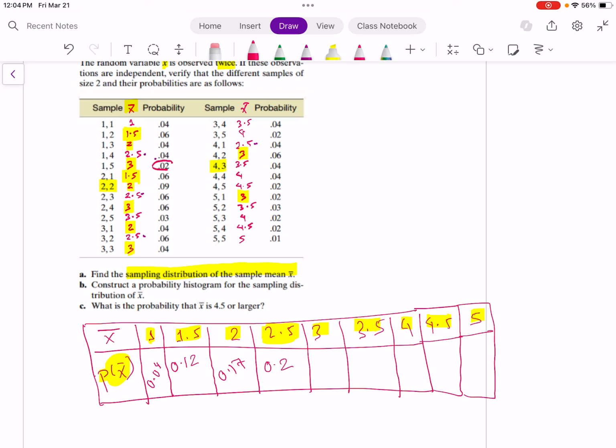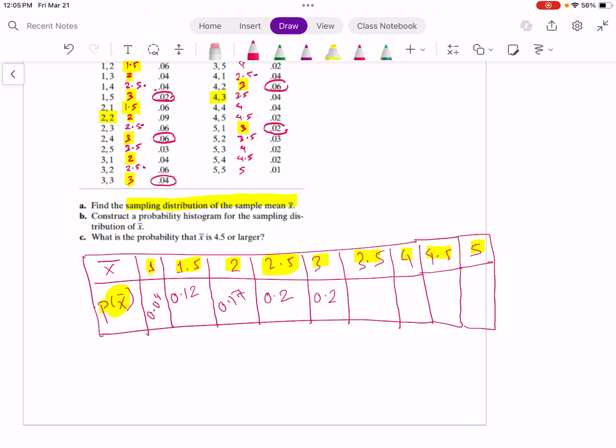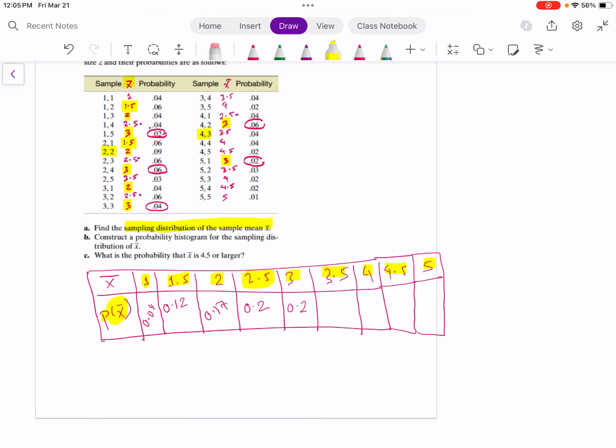This is 0.02 plus 0.06, that makes 0.08, plus 0.04, that is 0.12, plus 0.06, that makes 0.18, plus 0.02, that makes 0.2. Correct me if you have something different here. So the probability that x bar is 3 is 0.2.